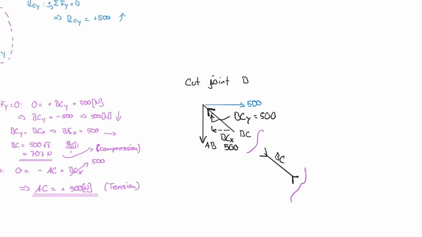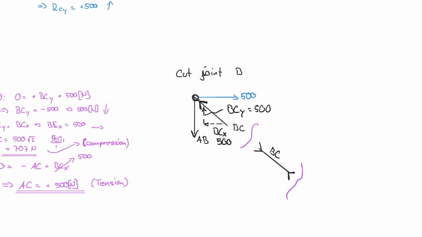In an exam or so I would never do that, but I would clearly for the node C write down an equation that says sum of the forces in the x direction being equal to 0, to the right positive, and 0 is equal to plus 500 minus BCX.